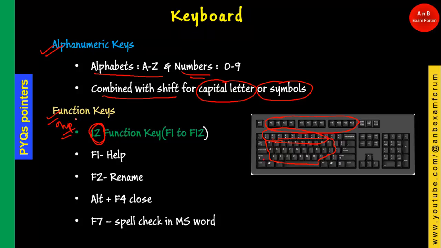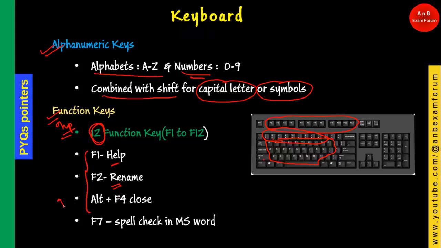Function means they are going to perform some task. In most operating systems, you will have these functions. Generally, if you press F1, it is for help, whereas F2 is used for renaming any file or folder.